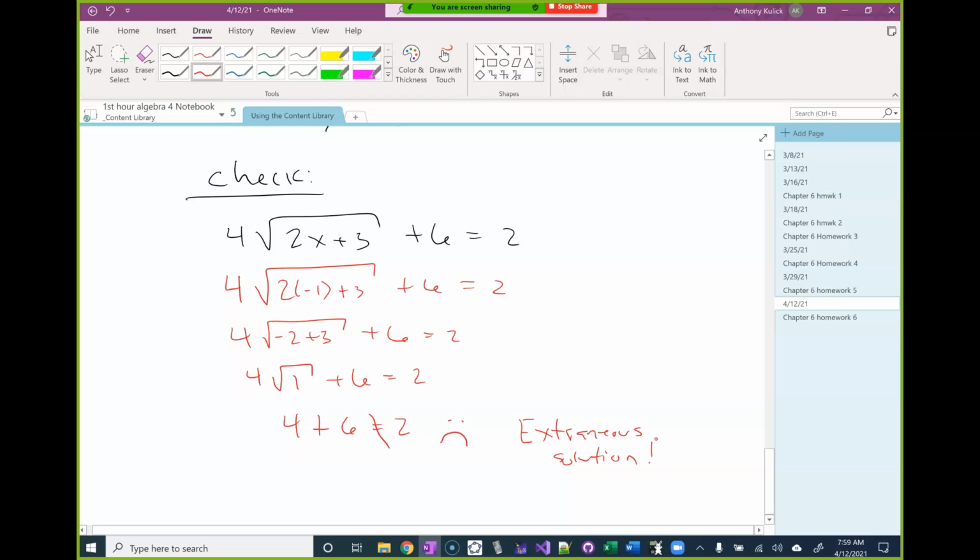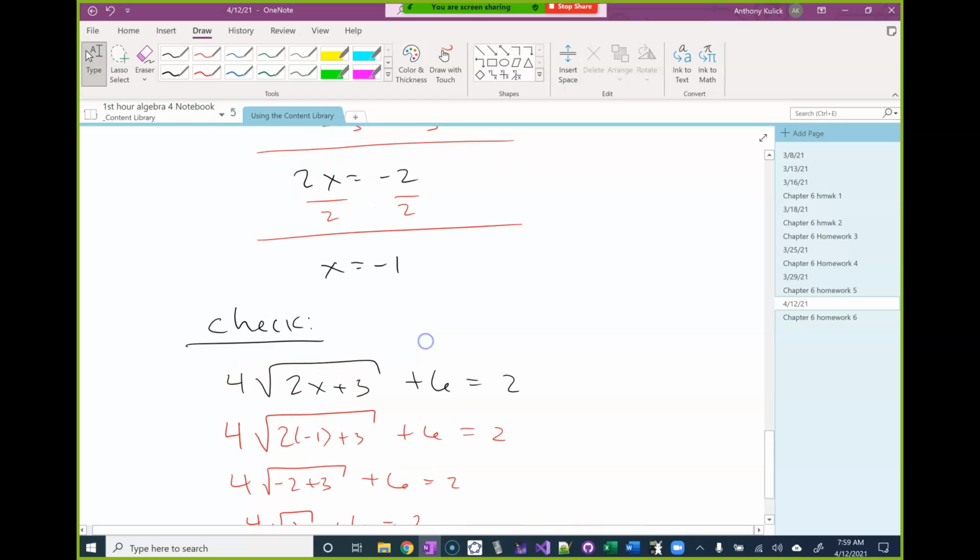We used the correct work to get it. We didn't make any mistake, but when we go and check it, it still doesn't work. So since that was our only solution and it doesn't actually satisfy, we don't have any solutions left, so we'd write no solution there.